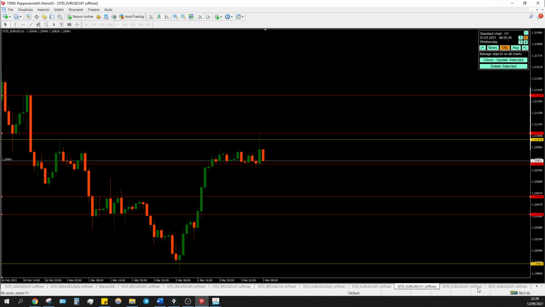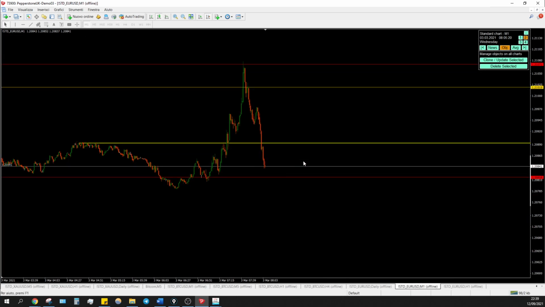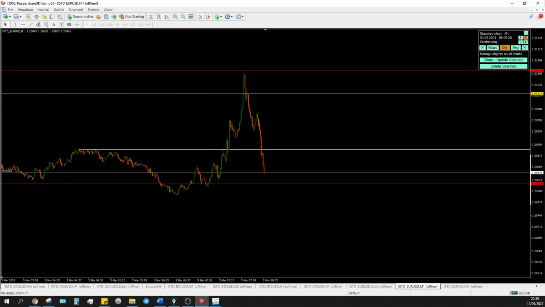Let's go back on this one. Okay. Yeah, on the 1 minute, we can expect some rejection for the high risk reward buys. We can think here sells, safer buy, wait and retest.